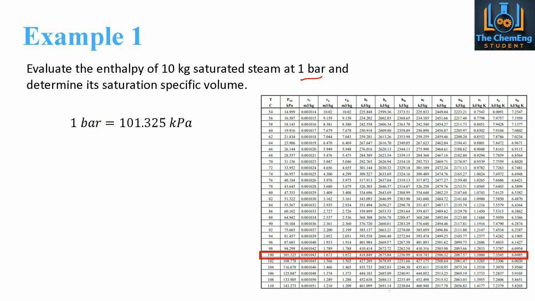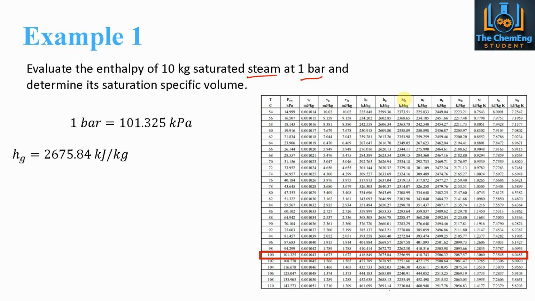So what we need to do here is we need to go down to our steam table until we find that corresponding pressure. So you can see here, this is the pressure here. So we work along this row. Now the question says that we want it for the saturated specific volume and saturated steam. So saturated steam refers to the saturated vapour, i.e. Hg.